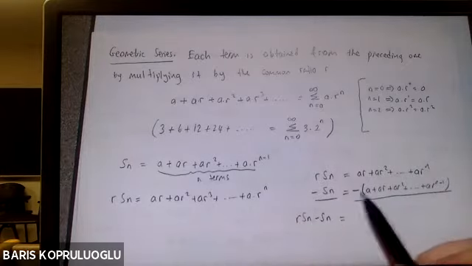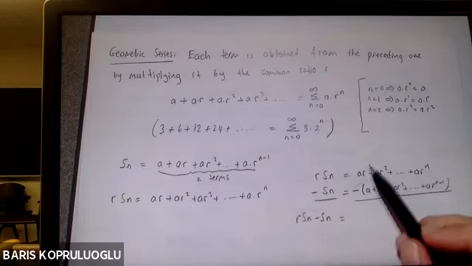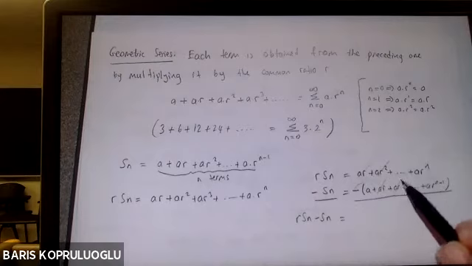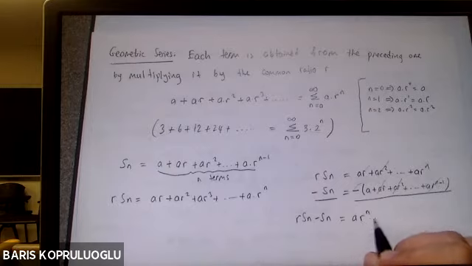And if you distribute this minus over all these terms, the ar terms will be gone, the ar squared terms will be gone, all the way to ar^(n-1). So what you will have is a times r^n minus a, because this a didn't get canceled.